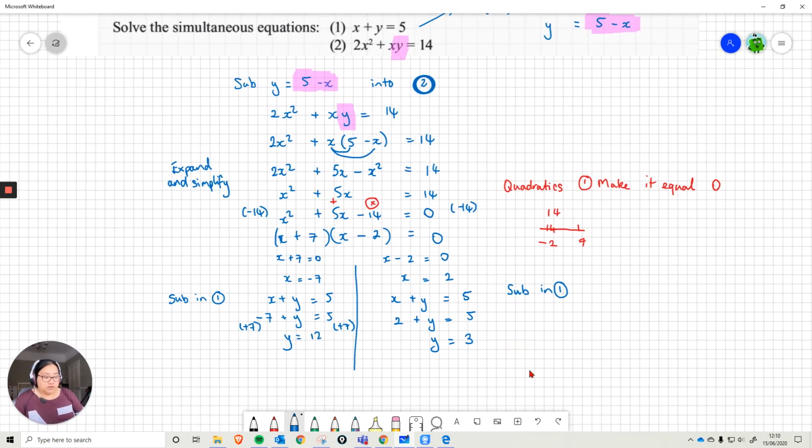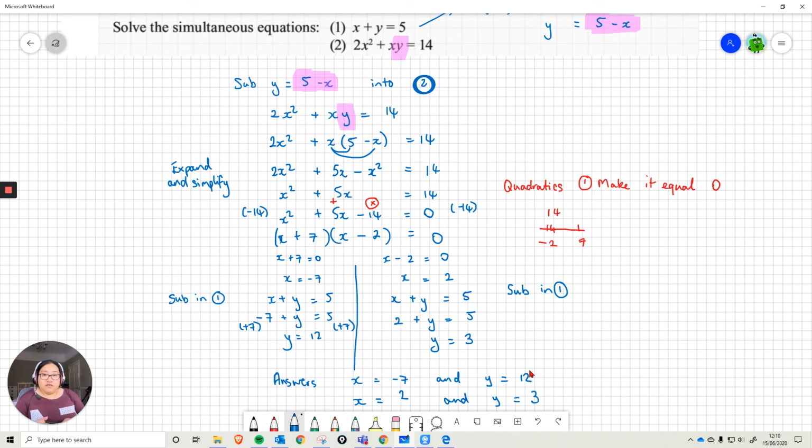And then when you're presenting your solutions, make sure you write them as a pair. So my answers are going to be x equals minus 7 and y equals 12. And then my second pair, x equals 2 and y equals 3.